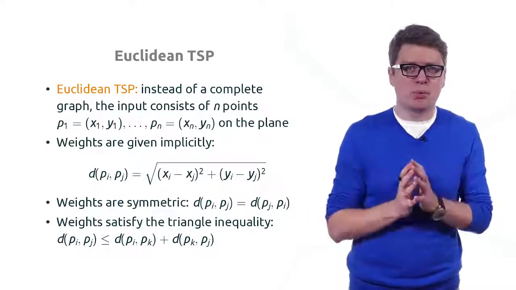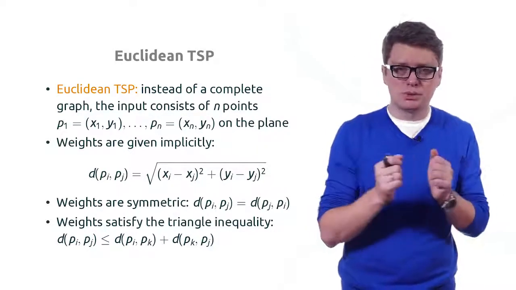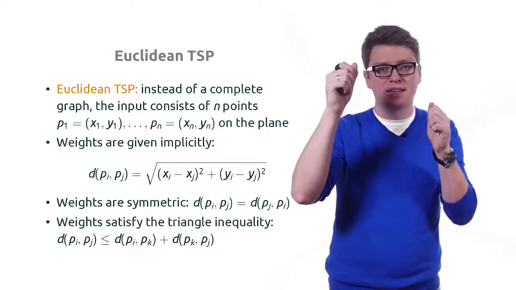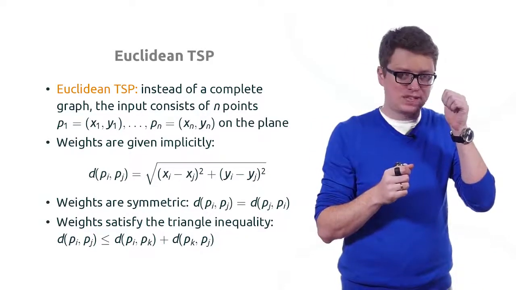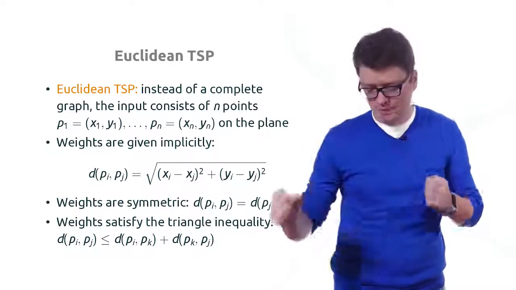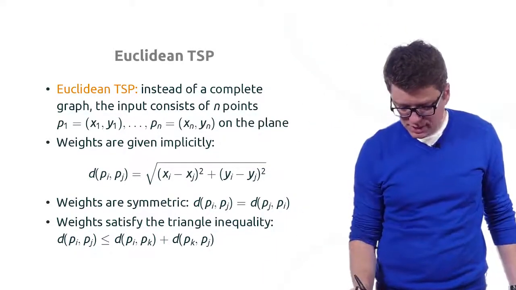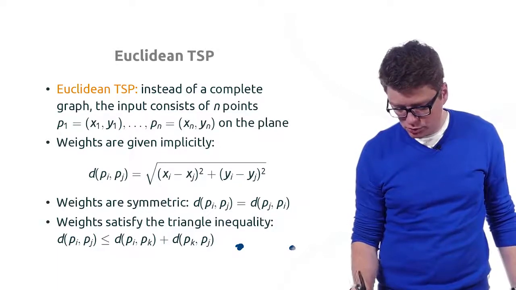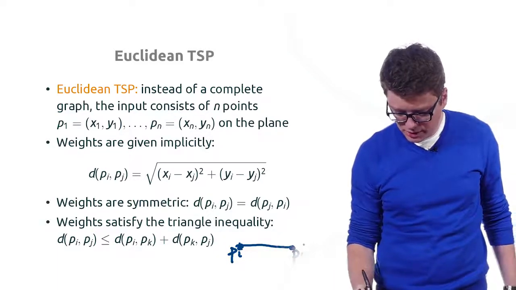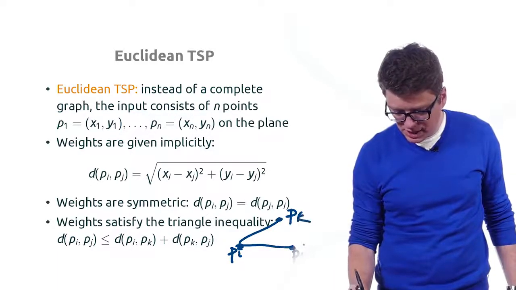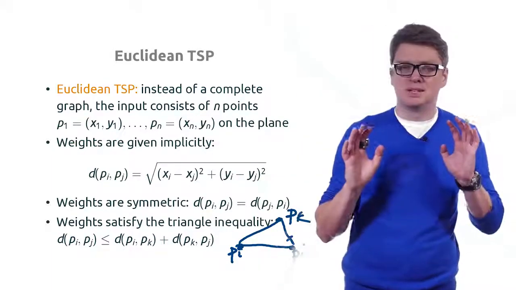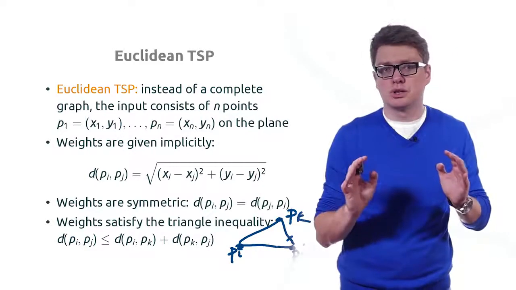Namely, for every 3 points Pi, Pj and Pk, the weight of the edge from Pi to Pj is at most the weight of the edge from Pi to Pk plus the weight of the edge from Pk to Pj. Put otherwise, the shortest path from Pi to Pj is to go directly from Pi to Pj. Each time we go through some other vertex Pk, we get probably a longer path, or possibly a path of the same length, but not shorter.